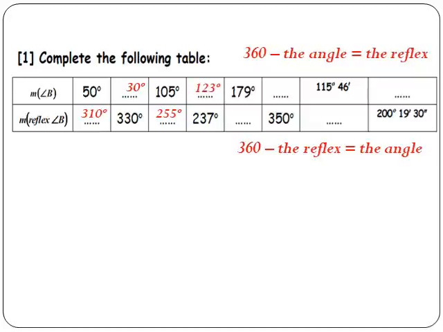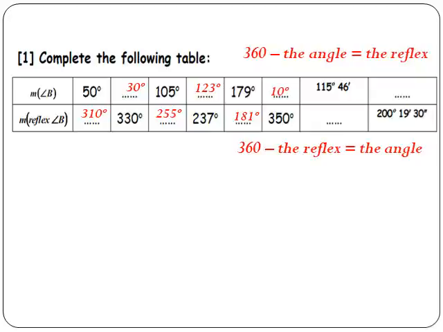What about 179 degrees? I want the reflex. Yes, 360 minus 179 degrees is equal to 181. Wonderful. 350 degrees, what will I do? Yes, 360 minus 350 is equal to 10 degrees.